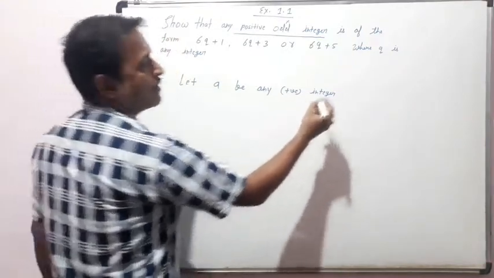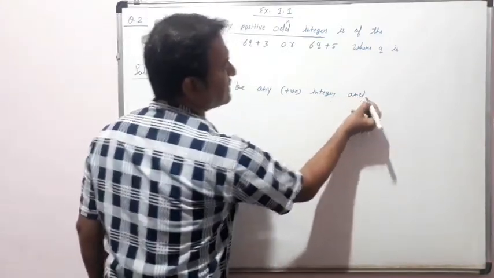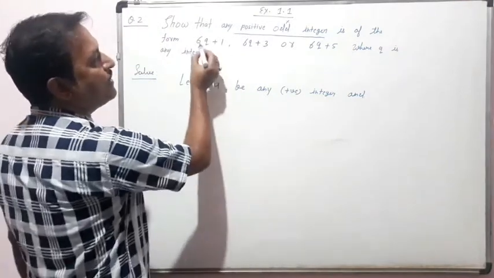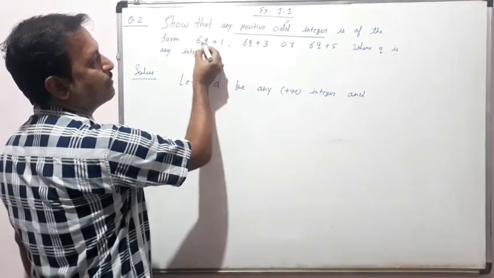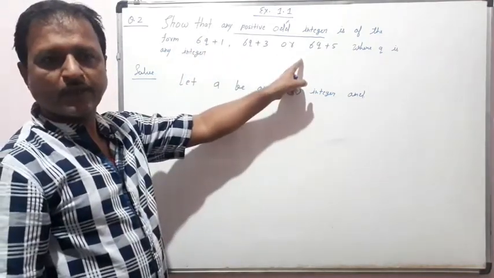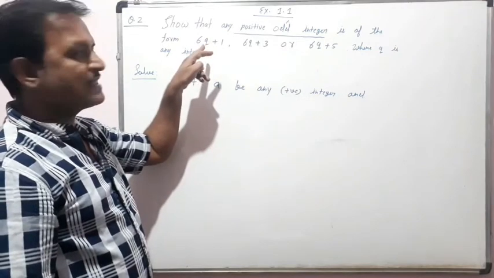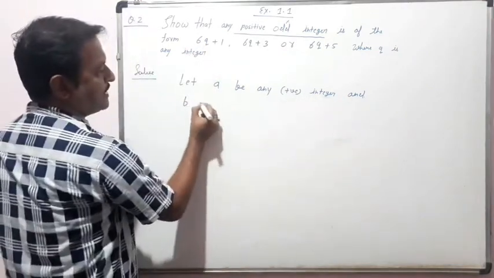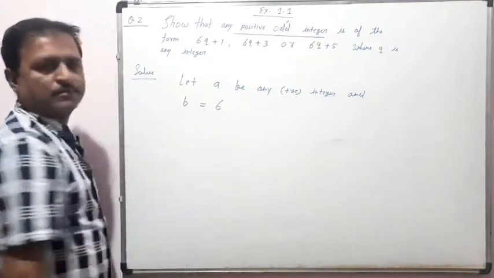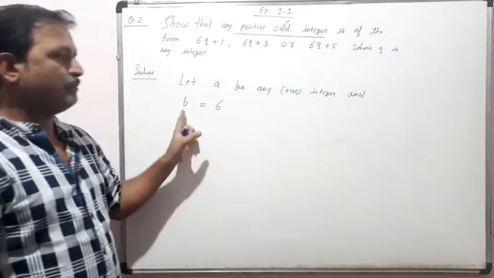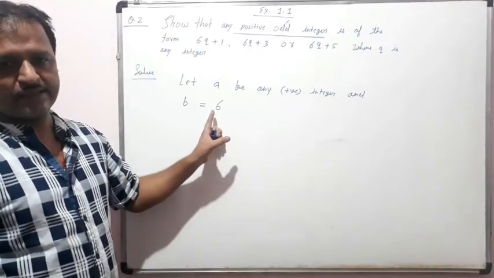Now we decide the value of b here. In the question we have 6 with q. So we take b equal to 6. Let a be any positive integer and b is equal to 6.